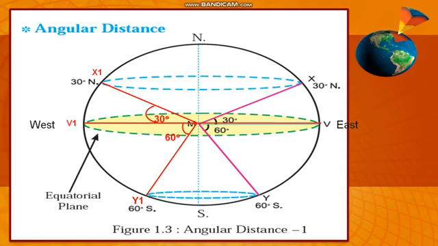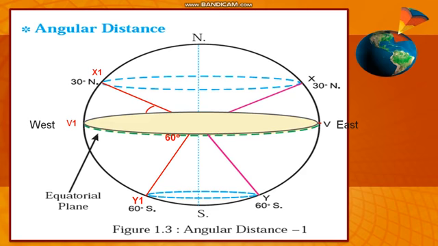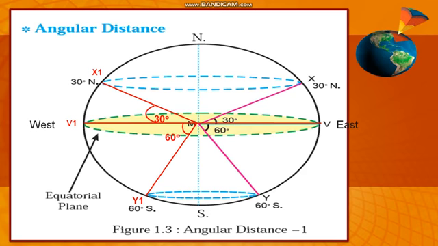In figure 1.3, we can see there is an equatorial circle which is in green and yellow color, and assume that point M is the center of the earth. The line V to V1 is the equator. So now let's draw an angle of 30 degrees with the equator, that is XMV, in the northeast part of the earth.